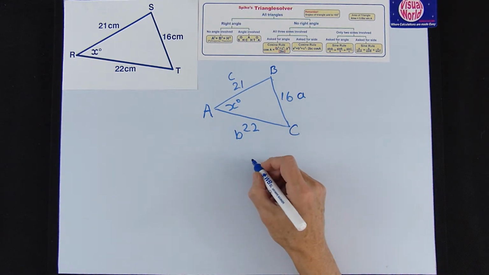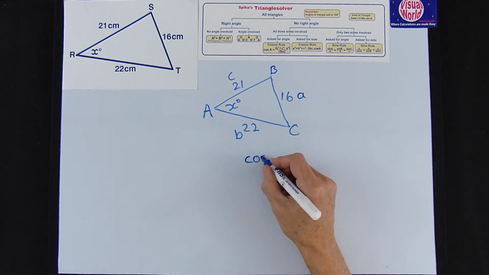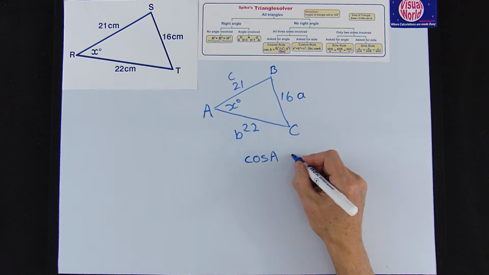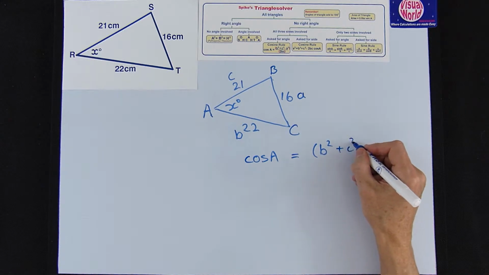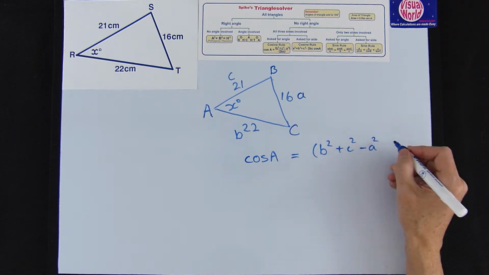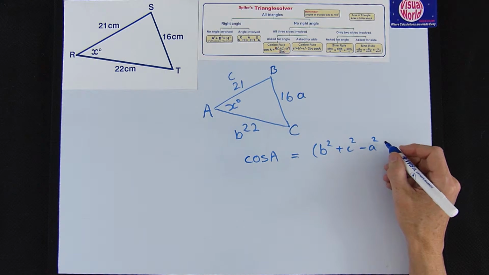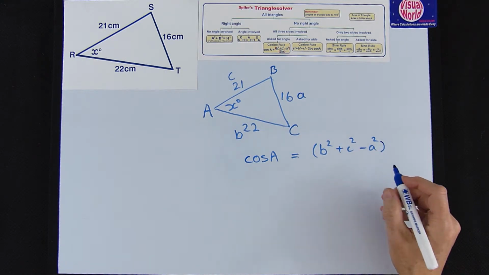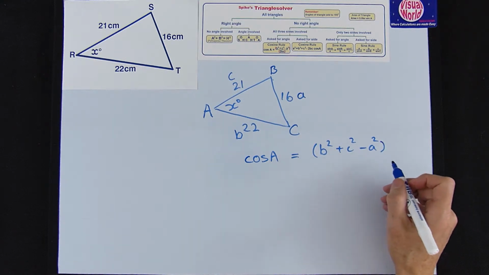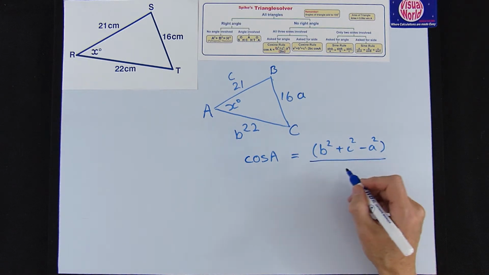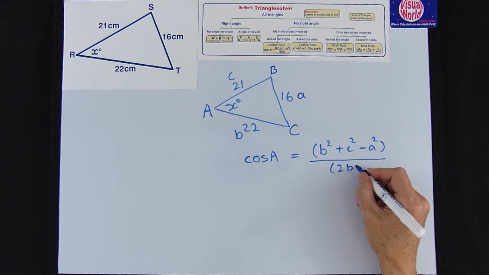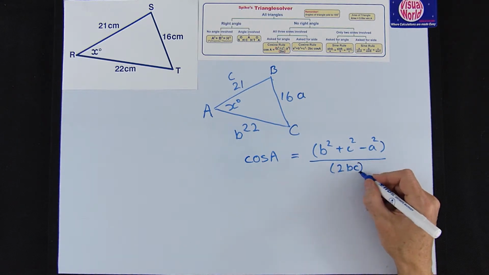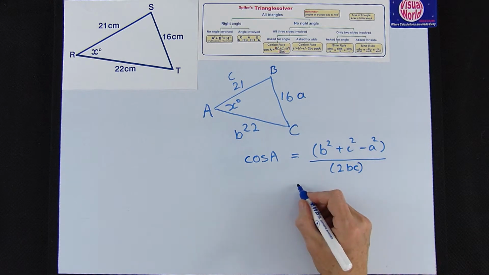So what we have is cos A equals, open brackets, b squared plus c squared minus a squared, close brackets, and then on the bottom we have open brackets 2bc, close brackets. All we do now is put in the numbers.